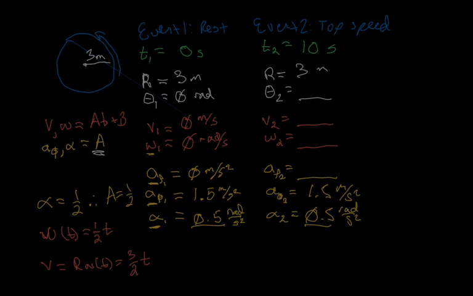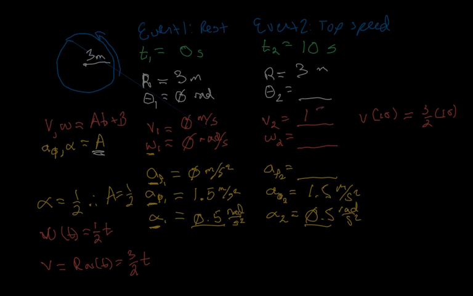So we can do it either way. I think we're going to do it with the calculus way because I've kind of already started it. You could use a kinematic model because this is a constant acceleration, but we're just going to use this calculus one. So this is nice because now we know that v sub 2 is v at 10 seconds. So that's going to be 3/2 of 10, or 15.